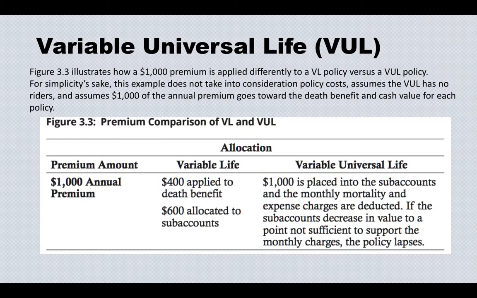So here there's a little comparison that illustrates how a $1,000 premium is applied to a variable life policy and a variable universal life policy. Here they do not take into consideration the policy cost, and assume there's no rider, right?